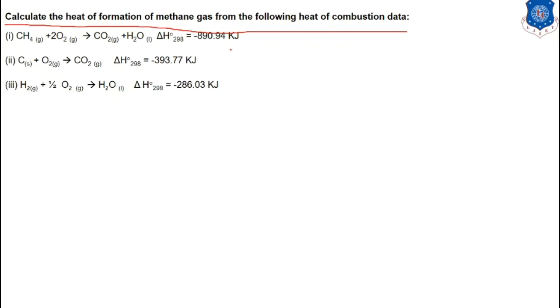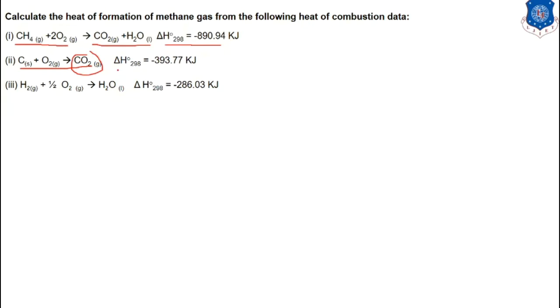The various heats of combustion are given in the form of reactions. The first reaction is CH4 plus 2O2 gives CO2 plus H2O, with delta H naught equal to minus 890.94 kilojoule. The second reaction is C plus O2 gives CO2, with delta H naught equal to minus 393.77 kilojoule.